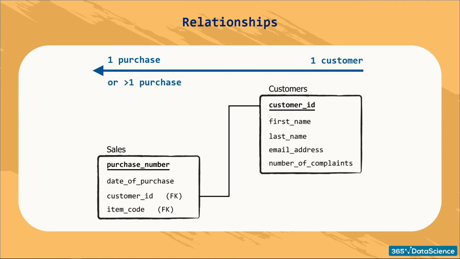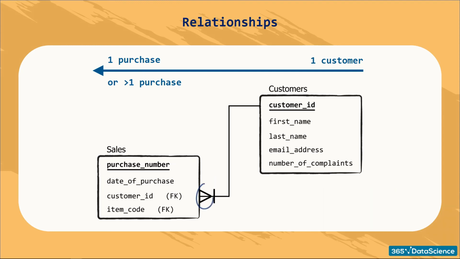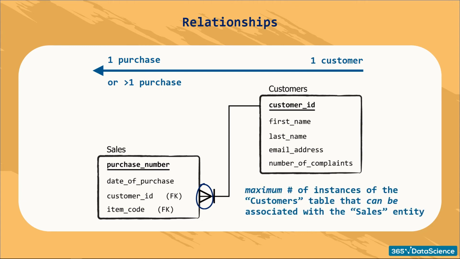Therefore, the second symbol, which is next to the rectangle, shows the minimum number of instances of the customers entity that can be associated with the sales entity. When this symbol is a tiny line, it means 1. The symbol located next to the rectangle indicates the maximum number of instances that can be associated with the sales entity. The angle-like symbol stands for many.